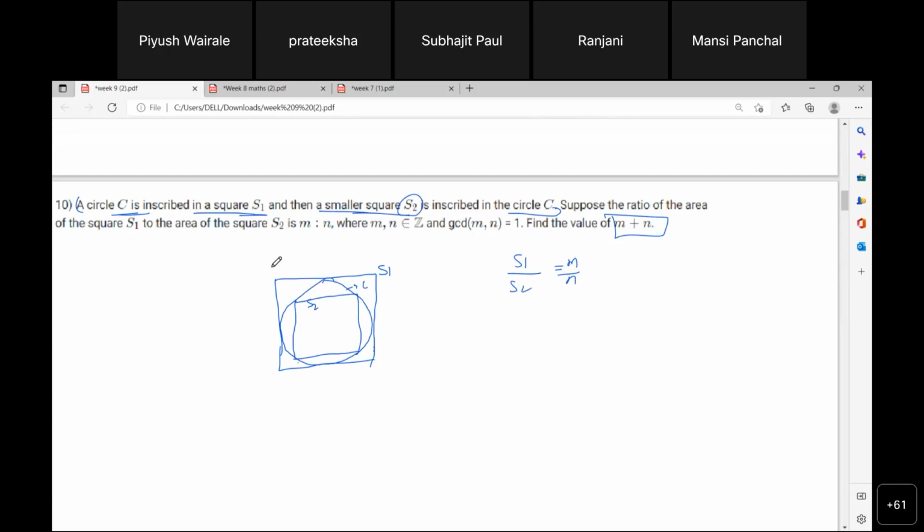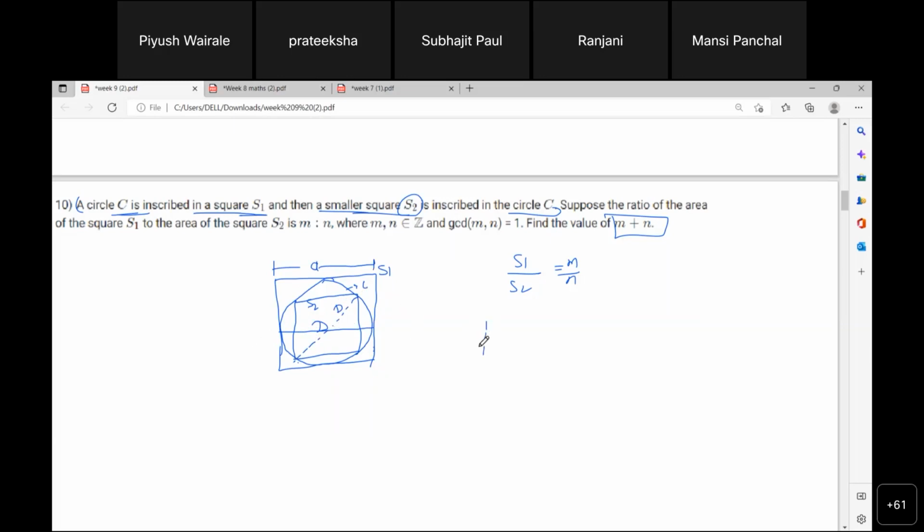So what is the area of square here? Suppose the side is A. Can I say this length A is equal to the diameter of this particular circle? Yes, this is also my diameter. If I join these two endpoints, this is also my diameter, right?